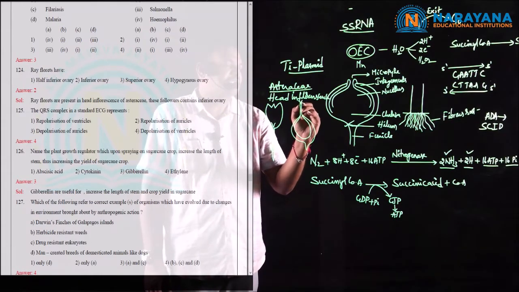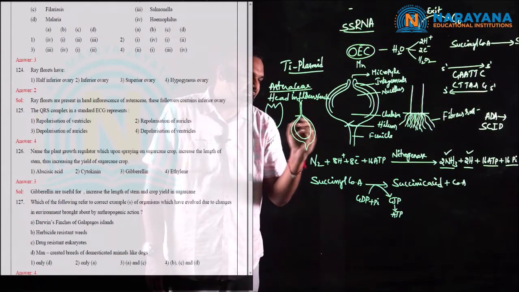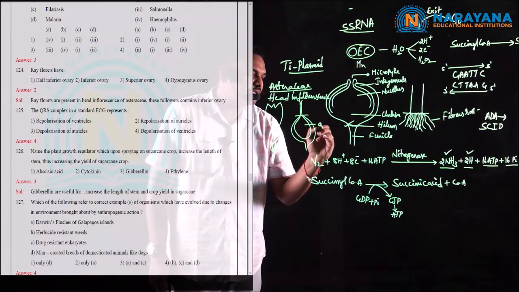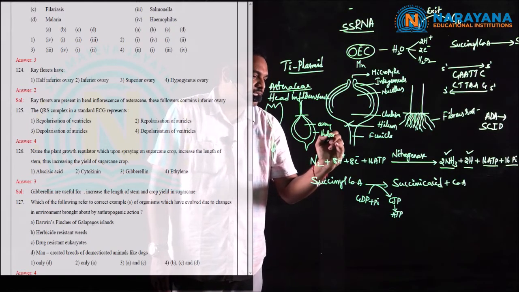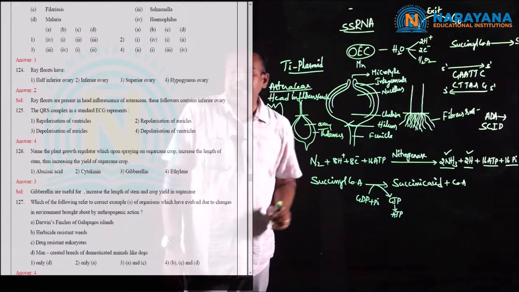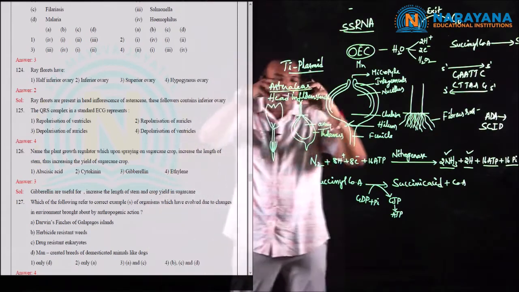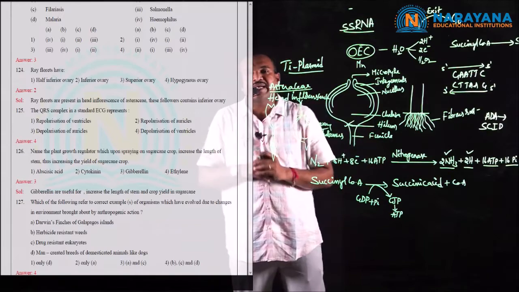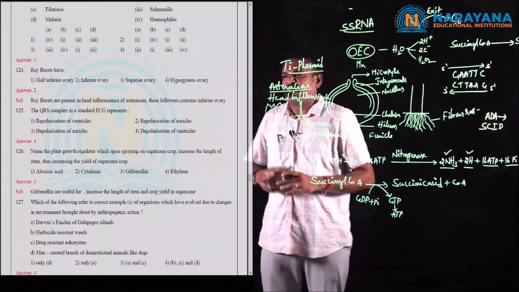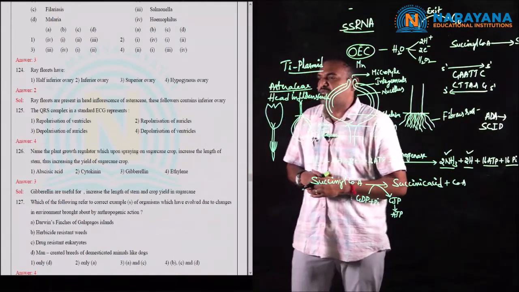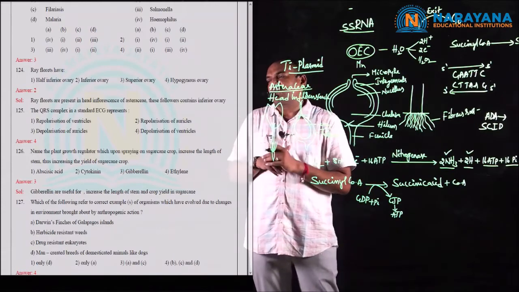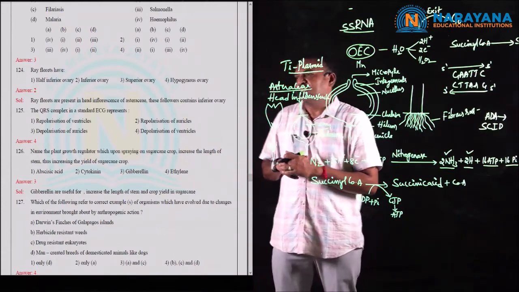This is the gynoecium, this is the ovary, and this is the thalamus. The ovary is completely embedded within the thalamus. That is why it is an epigynous flower with an inferior ovary. That means the right option for question number 124 is the second option.